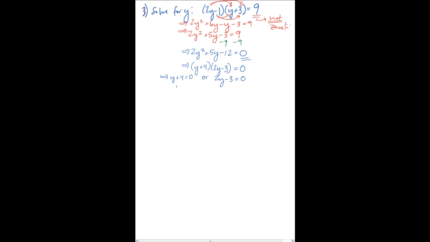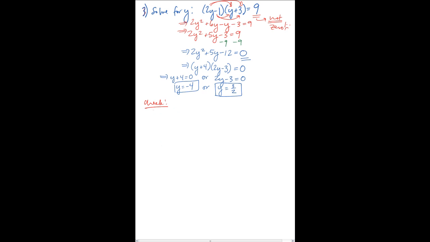Solving, we would get y equals negative 4, or solving on the right-hand side, adding 3 to both sides, we get 2y equals 3. Dividing both sides by 2, we get y equals 3/2. You can take a second to work that out if you need to convince yourself of that. So here are two possible solutions, and we could check them, again, by plugging them into the original equation.